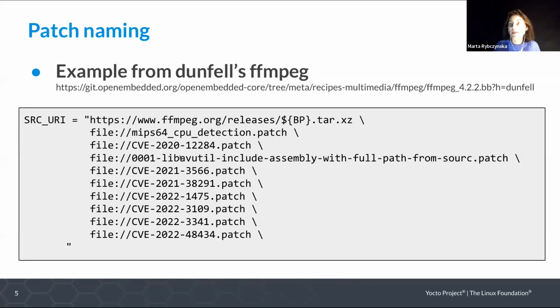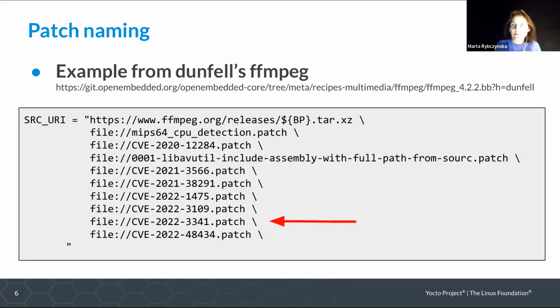And then we have patches with CVE numbers, like CVE-2020-12284. Those are patches with security fixes. The convention is to use the CVE number as the patch name. So we are going to have a look in detail at CVE-2022-3341.